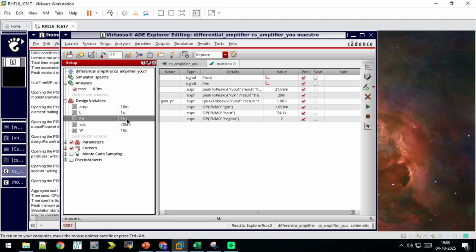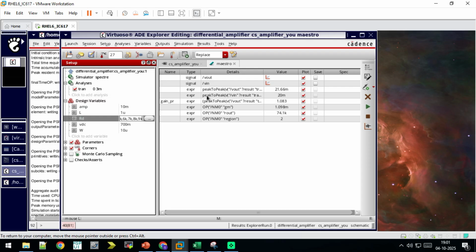Now let us go with another case. Let us go with 2 kilo ohms. So load resistance I am keeping as 2 kilo ohm, and also I keep different values: 3 kilo ohm, 4 kilo ohm, 5, 6, 7, 8, 9 kilo ohm.